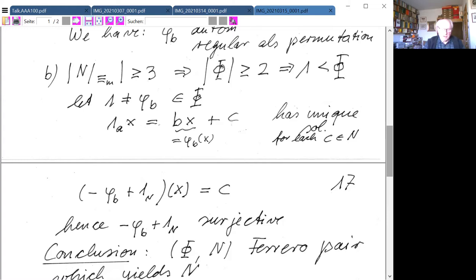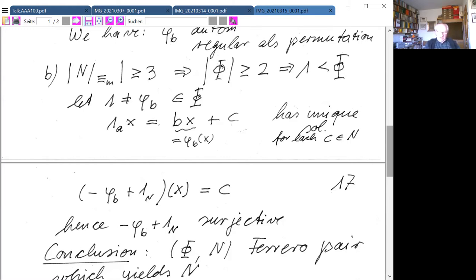Now we take an element phi sub b not equal to 1 in capital Phi, and we consider 1 sub ax is bx. This must plus c, that's the planarity condition, which must have a unique solution for each c, and bx is phi b x.